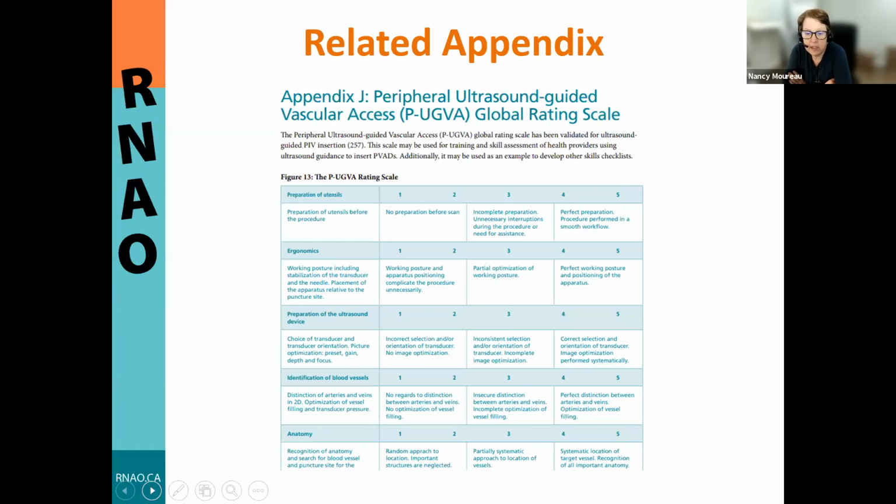The additional practice notes for this recommendation state that education should be standardized within the health service organization with identification of specific educational competencies as outlined within a plan or policy. In Appendix J, you see an example of the global rating scale that can be used for evaluating ultrasound-guided peripheral vascular access device inserters.